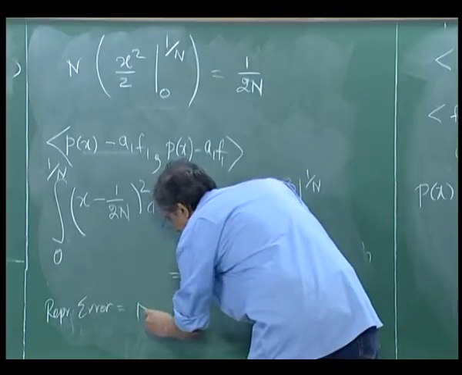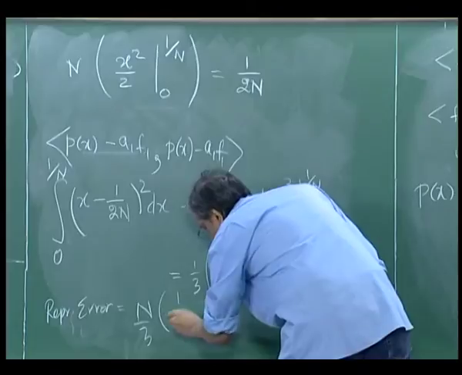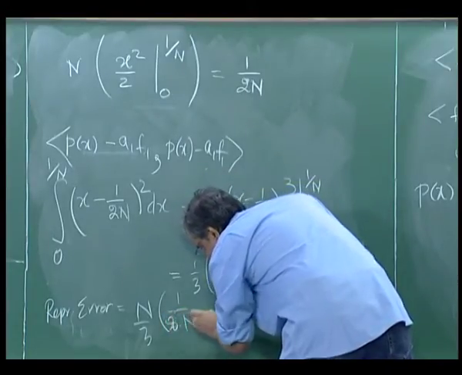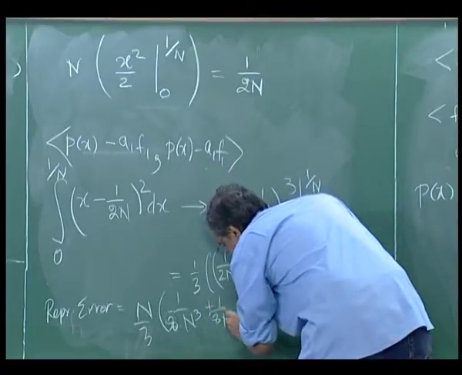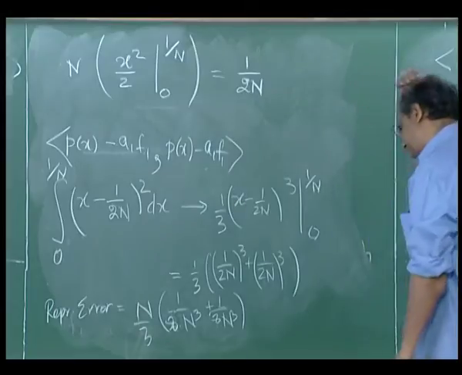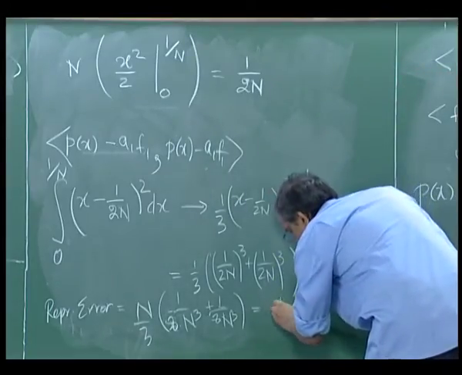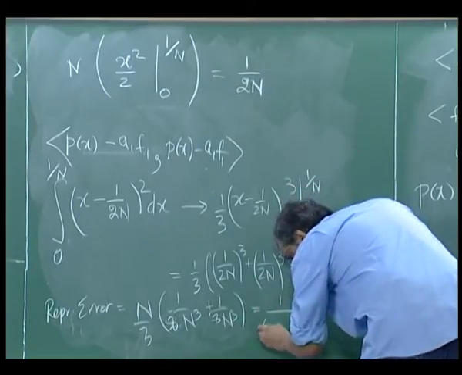N of these, n by 3 into 1 by 2, 1 by 8 n cubed, plus 1 by 8 n cubed, that gives me 1 by 4 times 3 n squared.